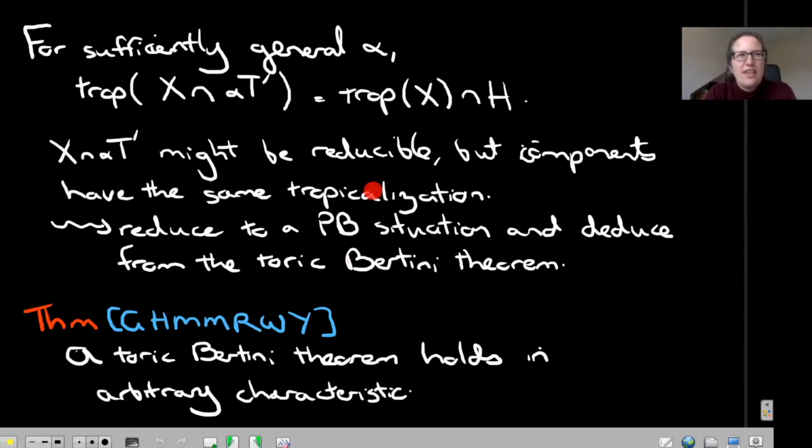The point is to say we can reduce this from the Toric Bertini theorem, up to some details of getting rid of the PB assumption. You can see that if I choose my T prime to make this irreducible, and I slice, then this intersection is the tropicalization of an irreducible variety.